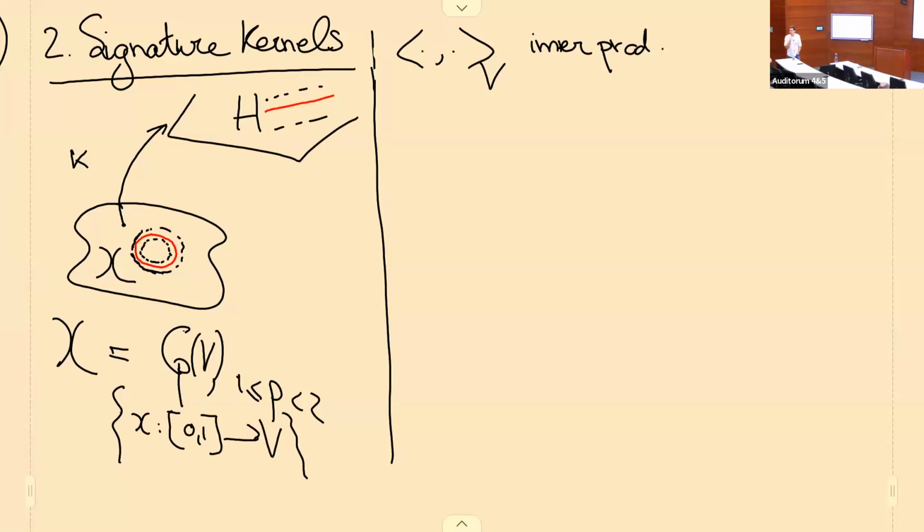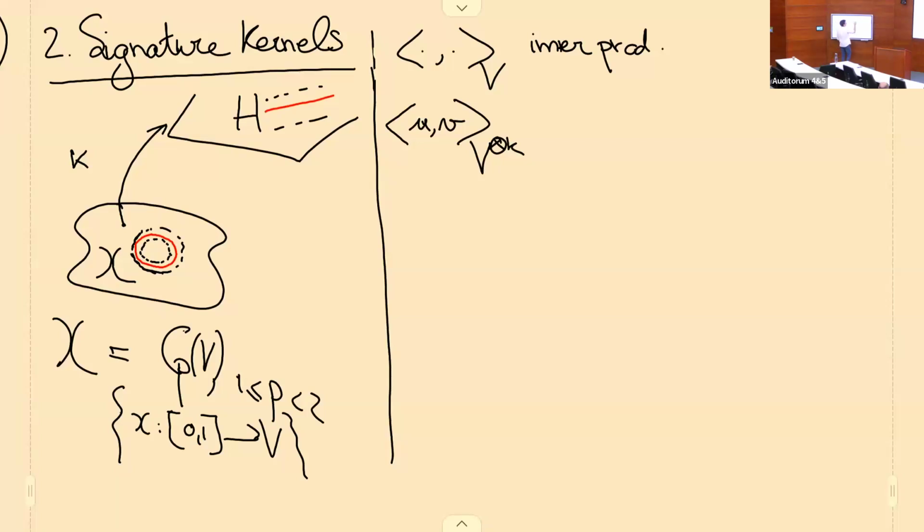So V for now is a vector space, right? Now I will add a bit more structure to first make it an inner product space by adding an inner product. Then, if I have an inner product on V, how can I construct an inner product on V tensor power K?